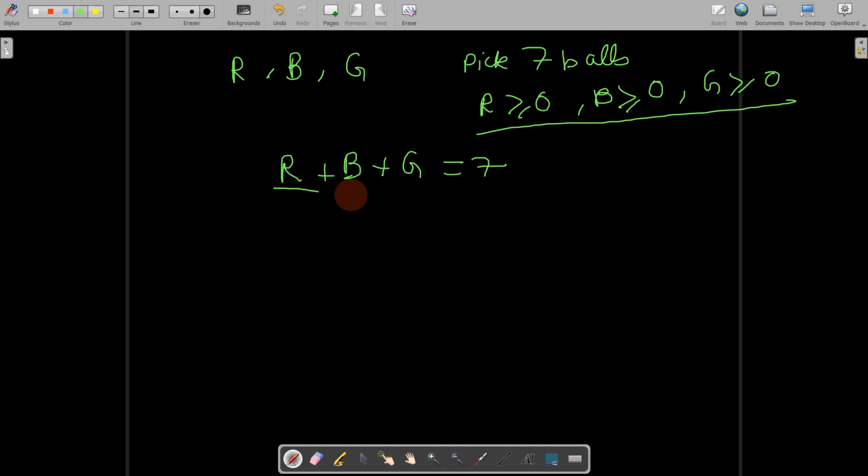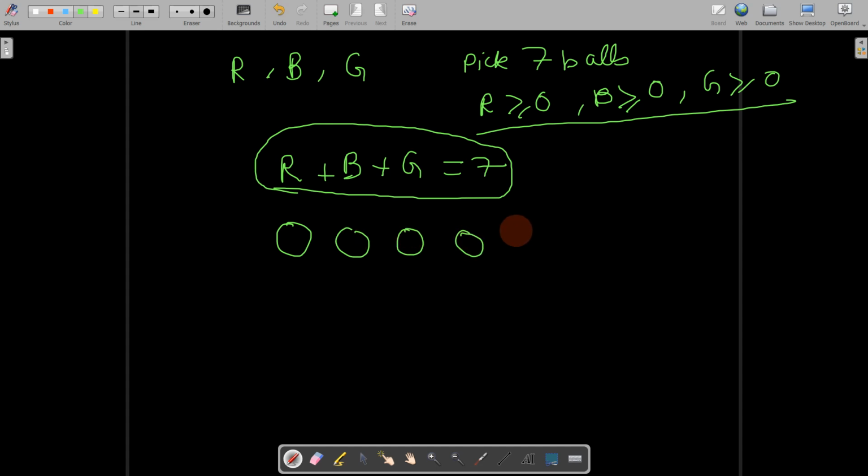You can pick 0 red balls as well. Using the bars and stars method, how these types of problems are solved is: you have seven things, one, two, three, four, five, six, seven, and to partition these into three groups, red group, blue group, and green group, we need two bars, right?